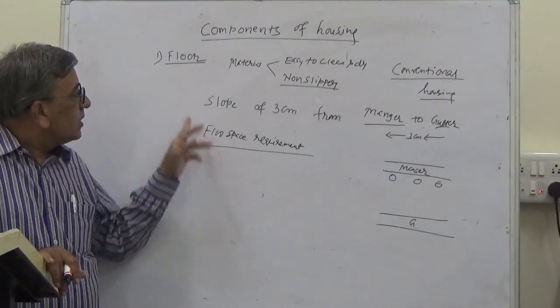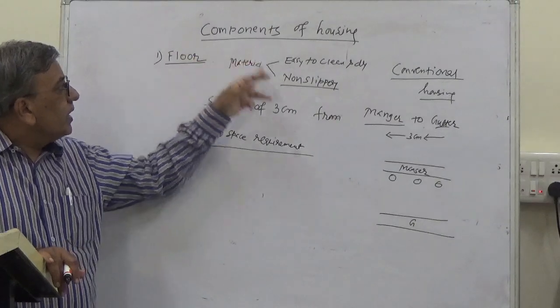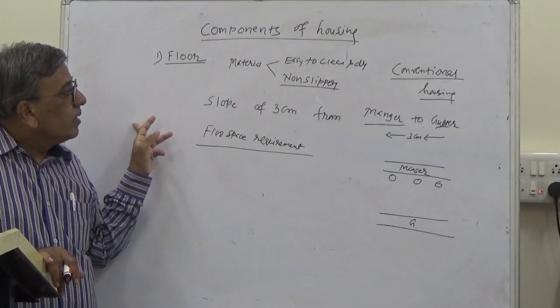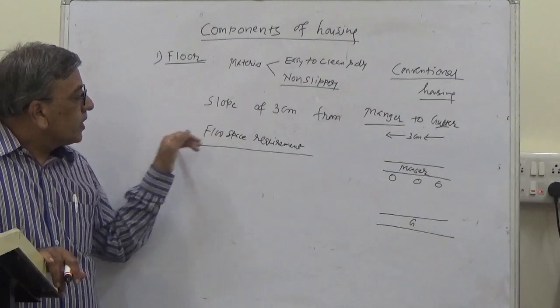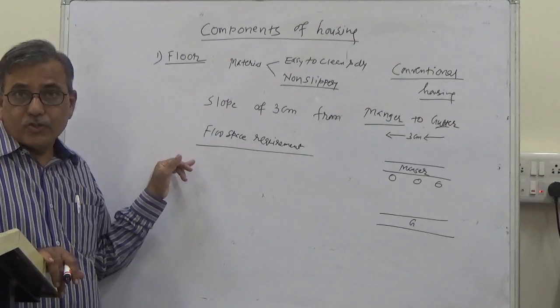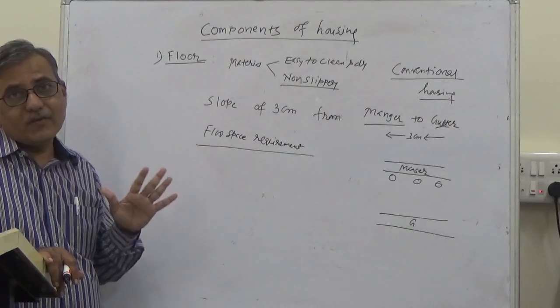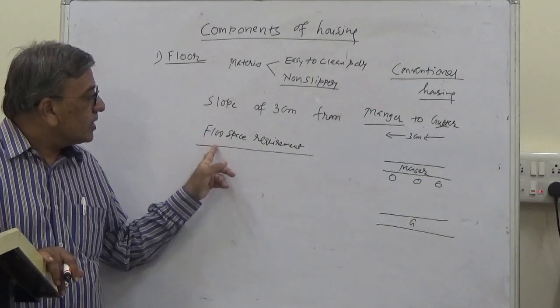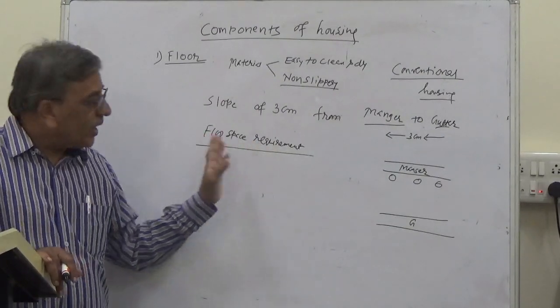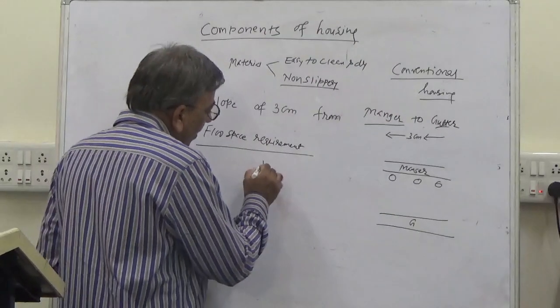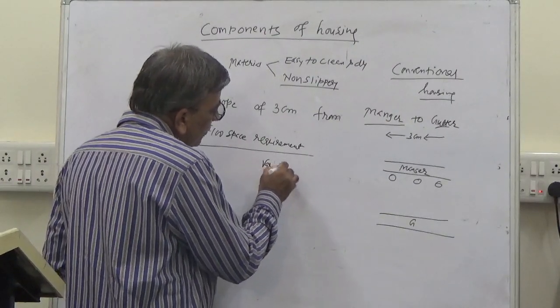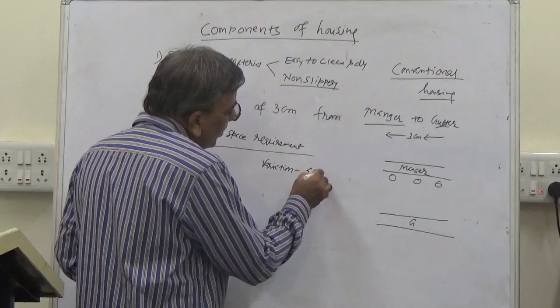So the dairy house, before construction, this particular requirement should be noted, that how much space is required per animal. It is called as floor space requirement, and it shows variation according to class of animal.